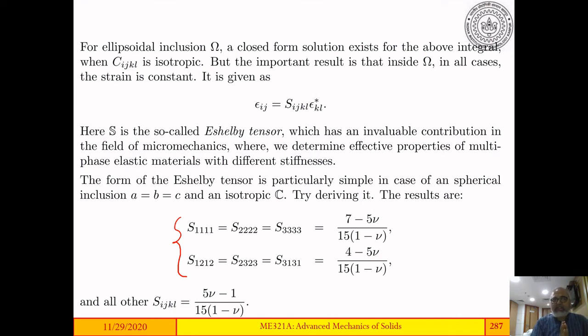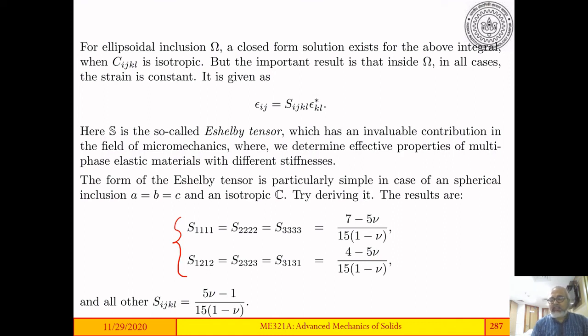Just perform this thought experiment. You fit it back into the hole in the matrix, then it creates a stress field around itself, and it creates a stress field inside itself, because the rest of the material does not like it, and is applying these tractions on it. So when it does that, the strains and therefore the stresses inside the ellipsoidal domain remain constant.